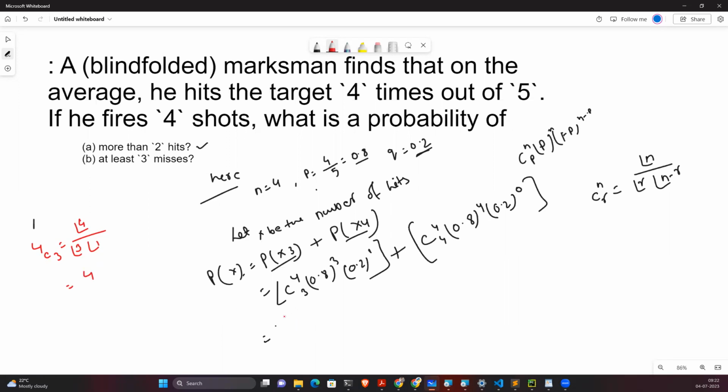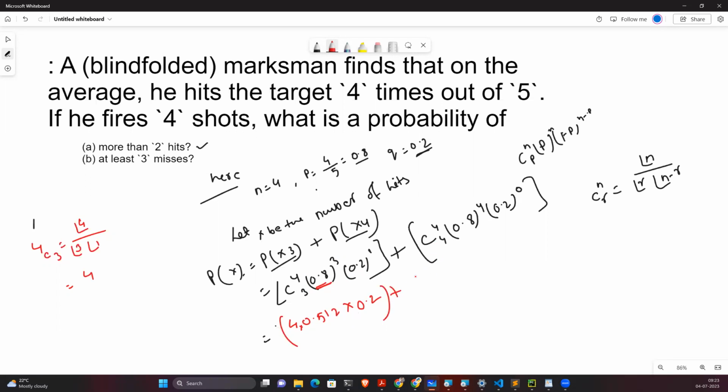So 4 into 0.8 to the power 3. Can anyone calculate this? 0.512, sir. 0.512 into 0.2 to the power 1, which is 0.2, plus the next term, which I'm going to solve.